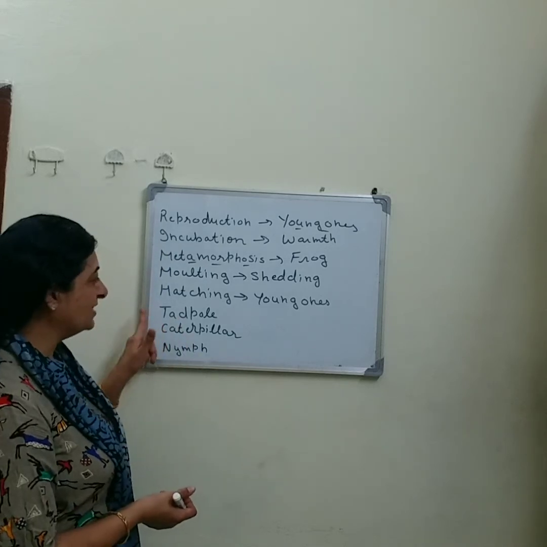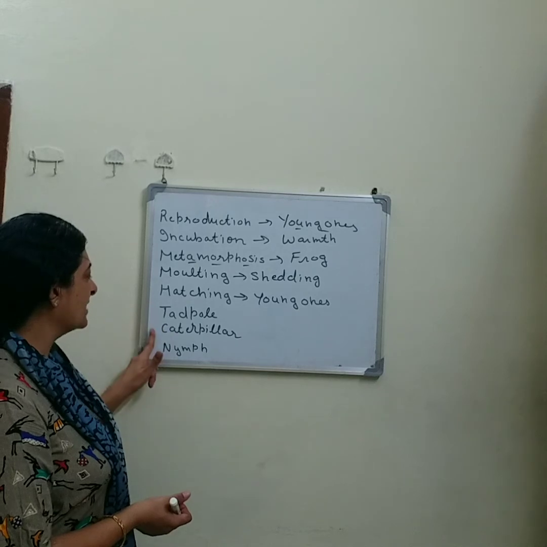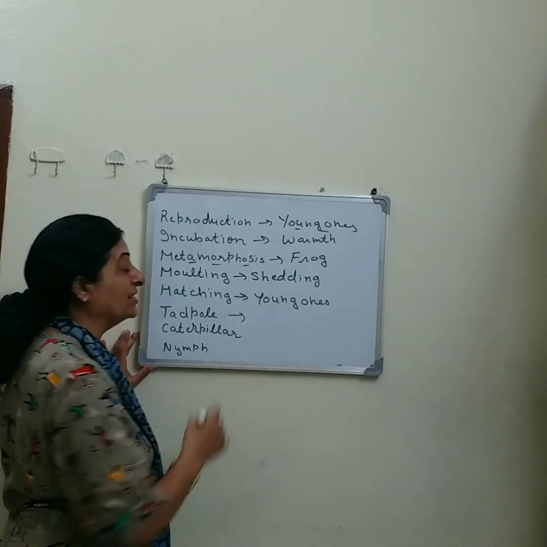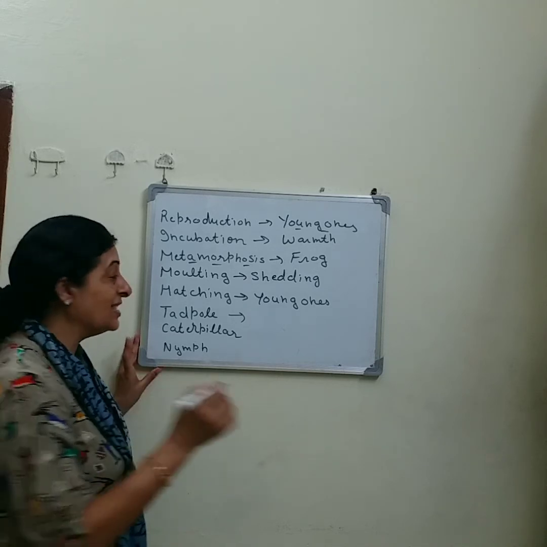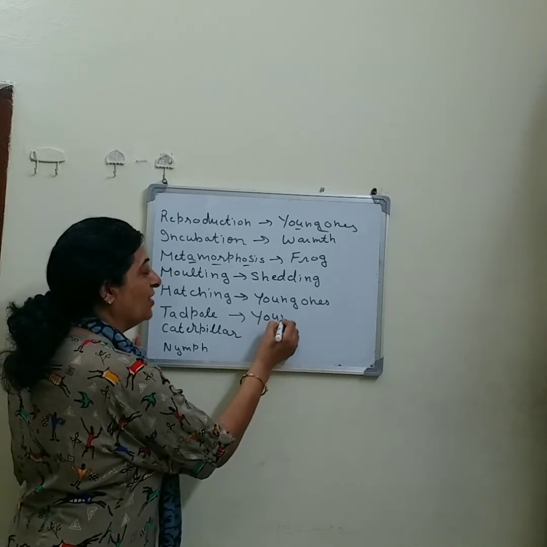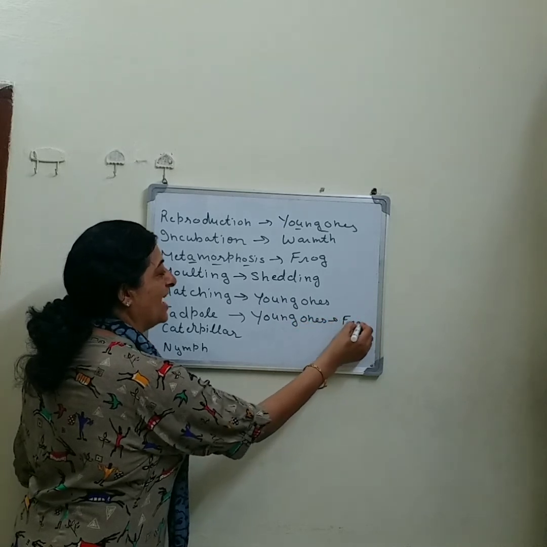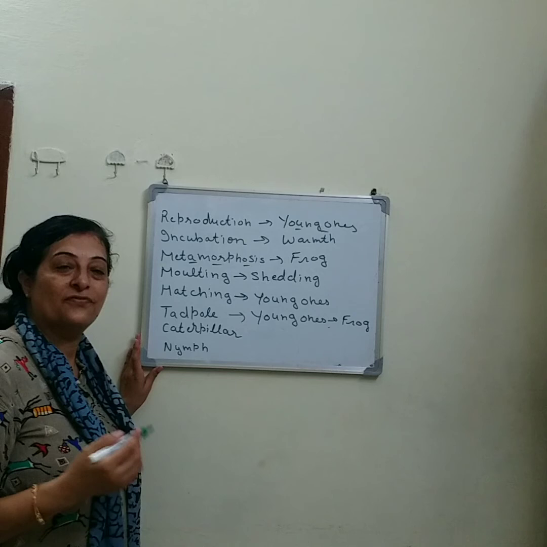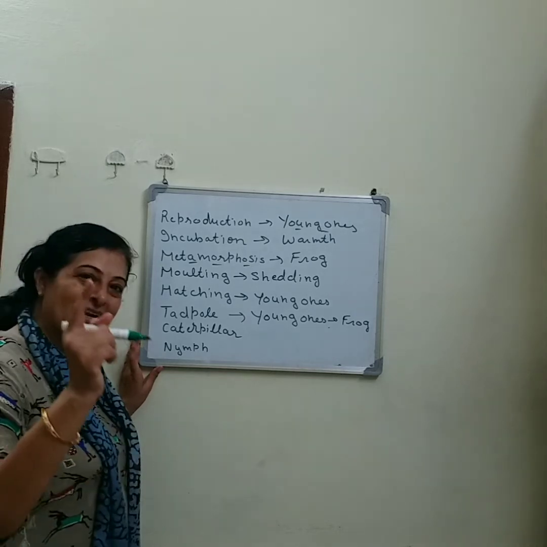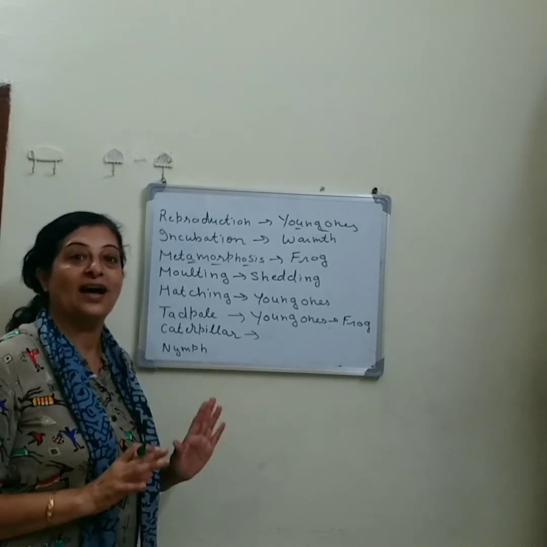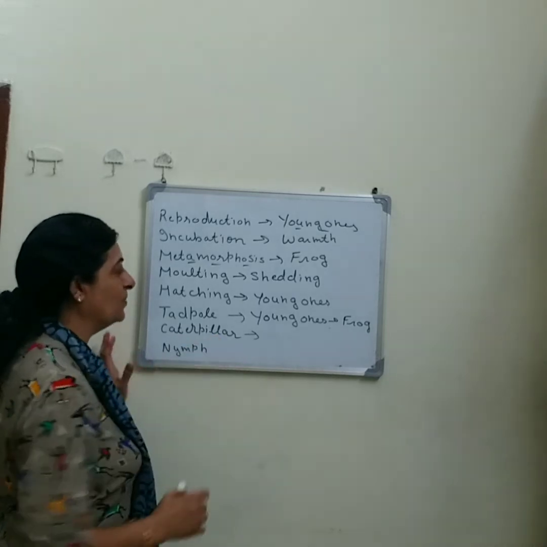Now see, there are three terms: tadpole, caterpillar and nymph. Do you know tadpole? Tadpoles are the young ones of the frog, and they are very different from the frog. Now caterpillar.